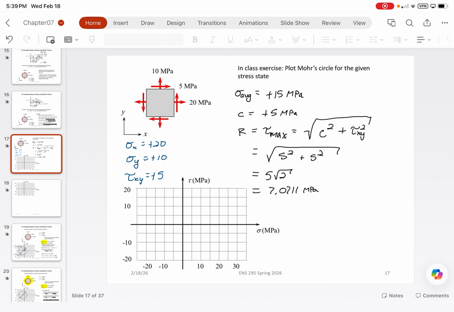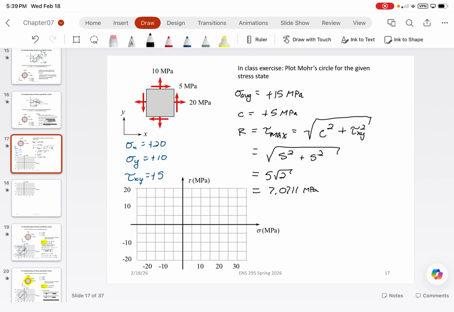All right, so from there, we now have all of the coordinates we need. And I'm just going to put a mental note here that sigma x comma tau xy is going to be positive 20, comma, positive 5.